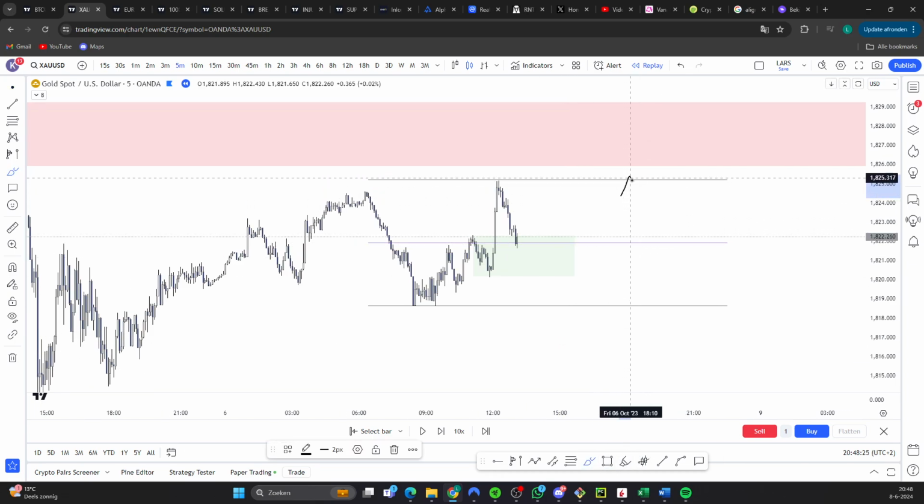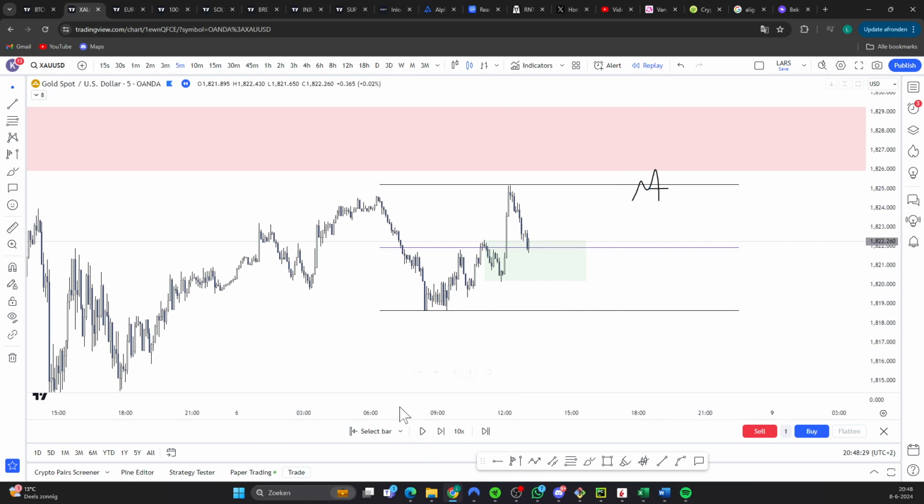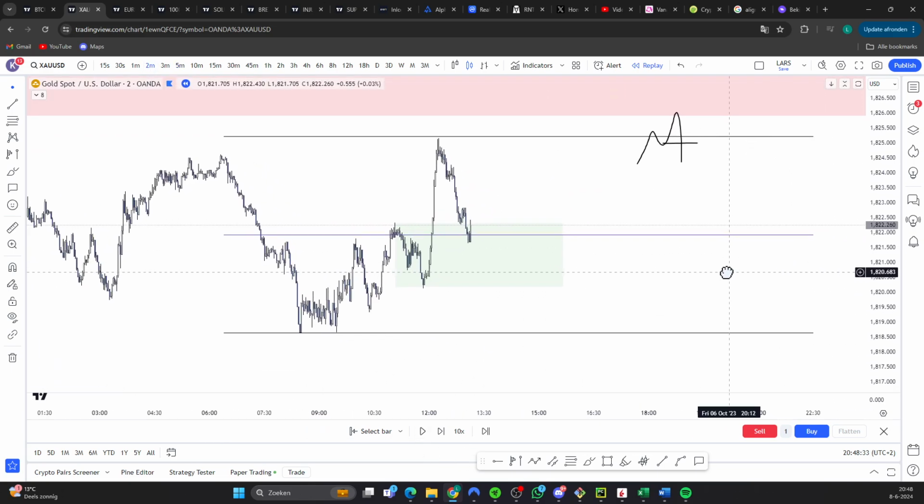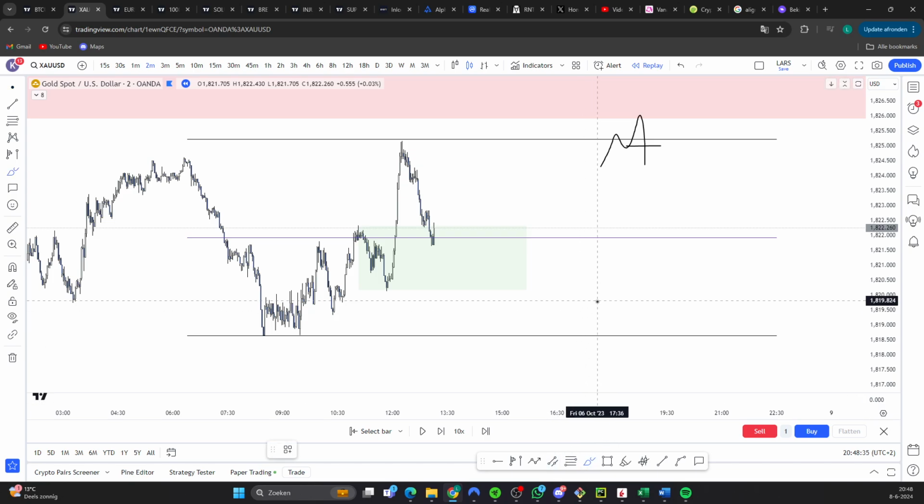I would watch for a short like this, and a potential long scalp from here. Just trade the extreme points of this local range.